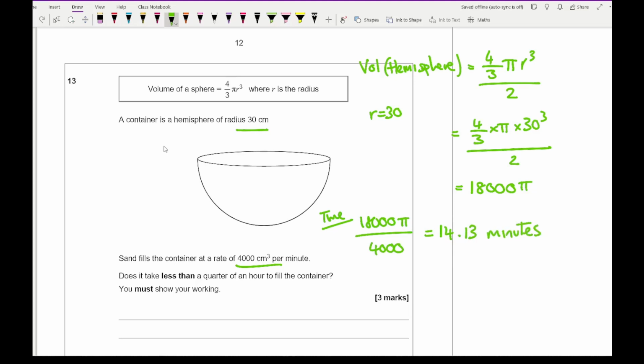Now the question's asking, does it take less than a quarter of an hour? Well, a quarter of an hour is 15 minutes. So as 14.13 is less than 15 minutes, the answer is yes, it takes less.